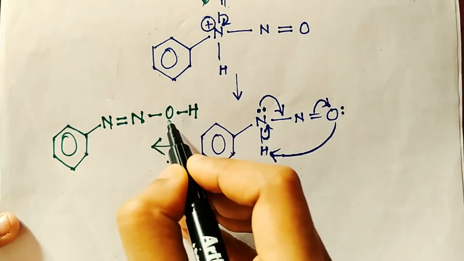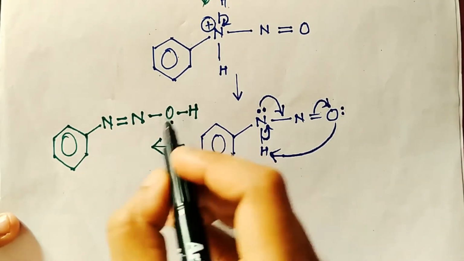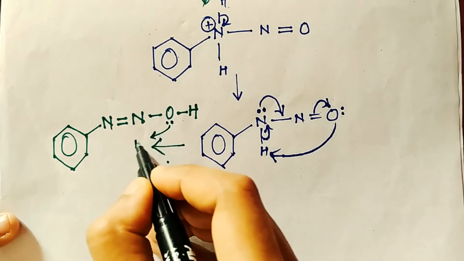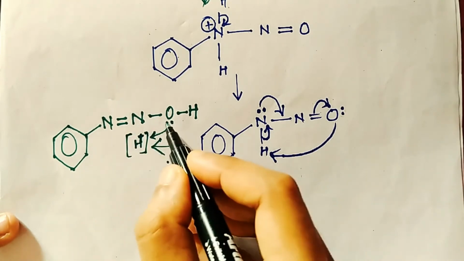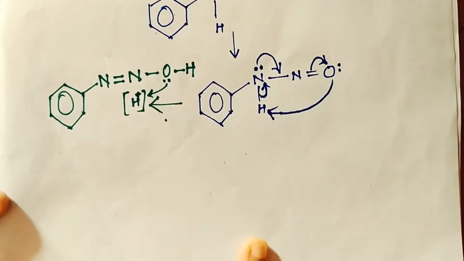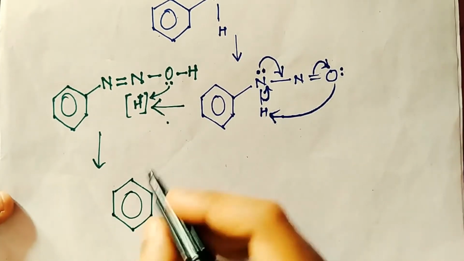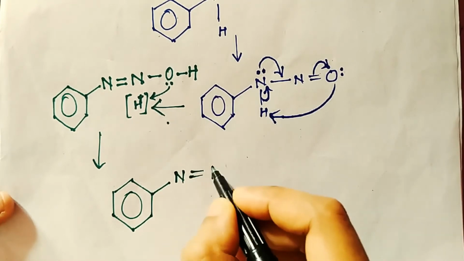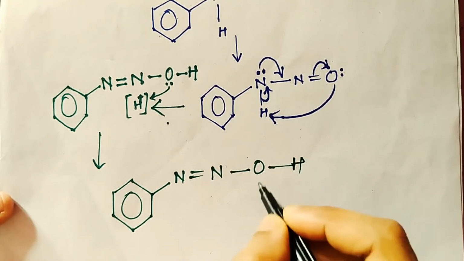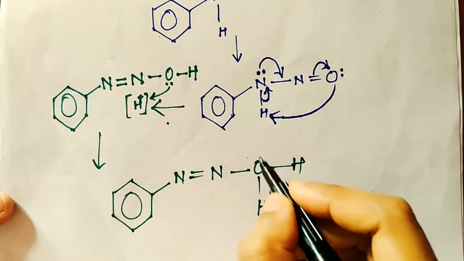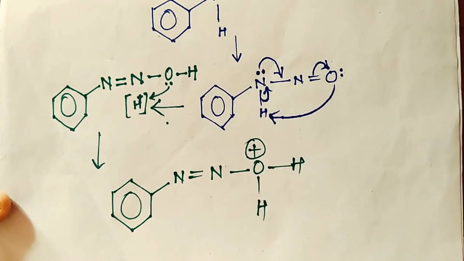Now the oxygen will try to attract more H plus ions from the solution by its lone pair. So then the product has a double bond and single bond O, H, with a positive sign here.